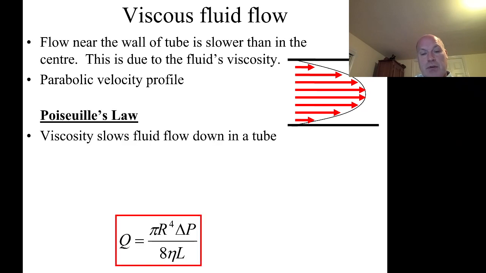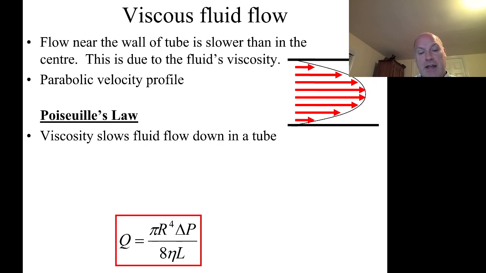Viscous fluid flow. Now, this is a very important equation. It's called Poiseuille's law. Poiseuille's law relates the flow through the tube to these variables. Now, R is the radius of the tube. Delta P is the pressure difference from one end to the other of the tube.